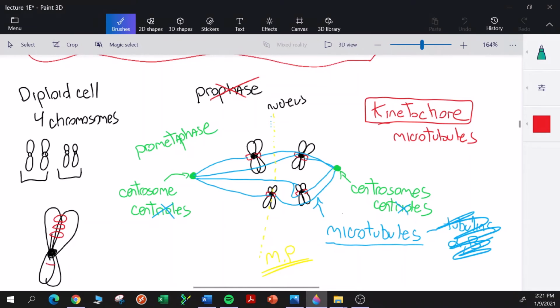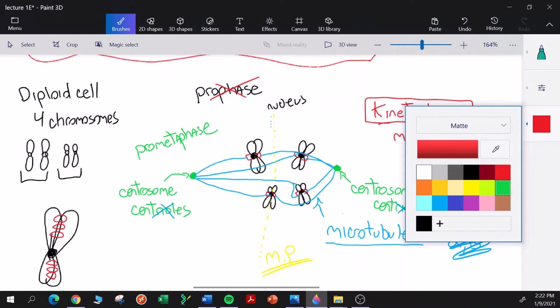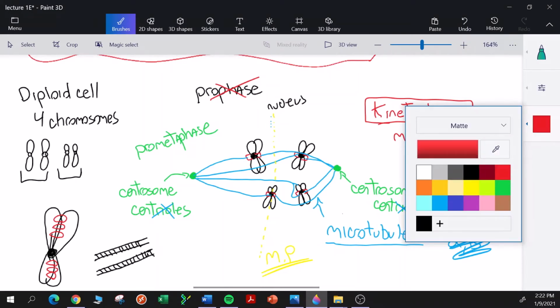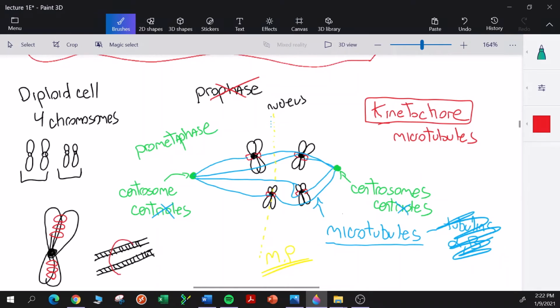Now I'm conceptually diagramming it like this, but in reality, when DNA is replicated, let's say this is a strand of DNA, and during S phase that is replicated, so now there are two strands of DNA. Now cohesin is a protein complex that holds these two strands close together. And so cohesin is found throughout these sister chromatids.